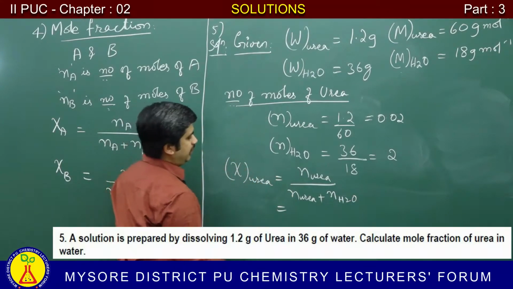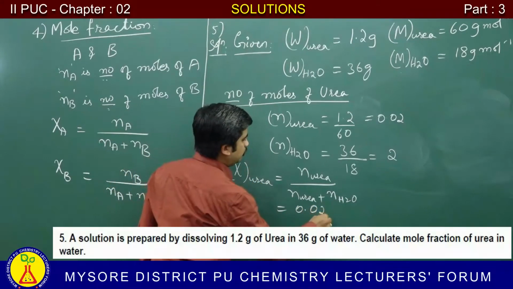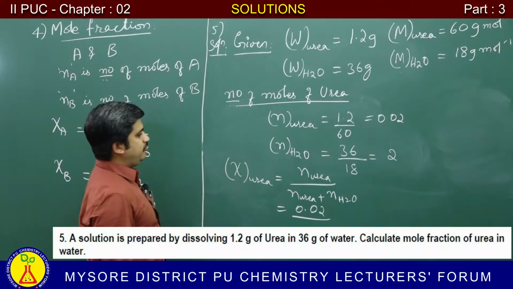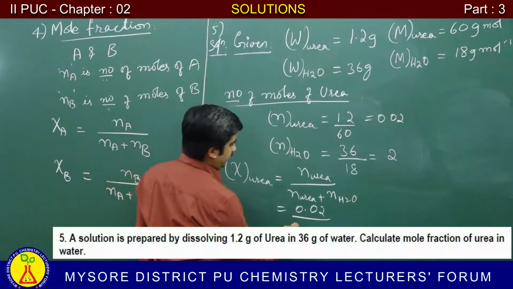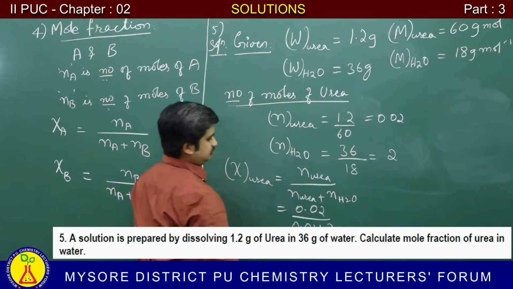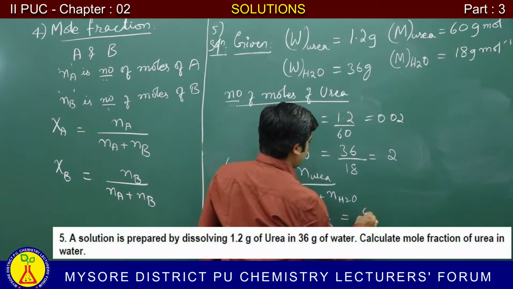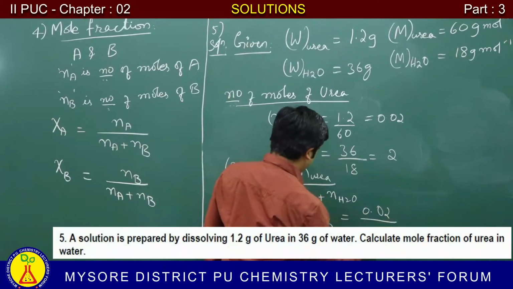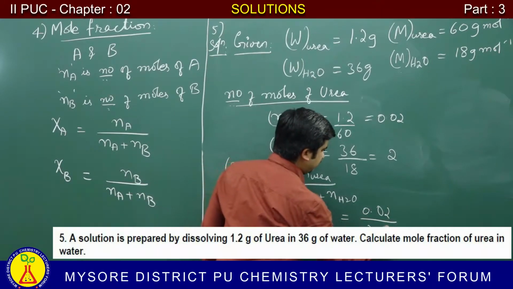So, number of moles of urea is 0.02, then number of moles of water will be 0.02 plus 2. So, this will be 0.02 divided by 2.02.